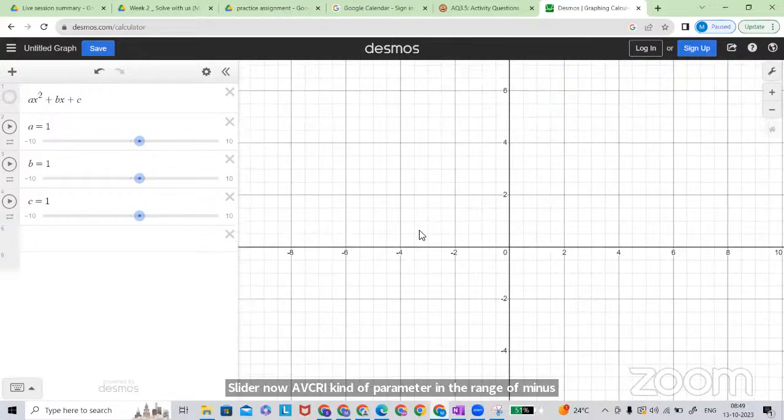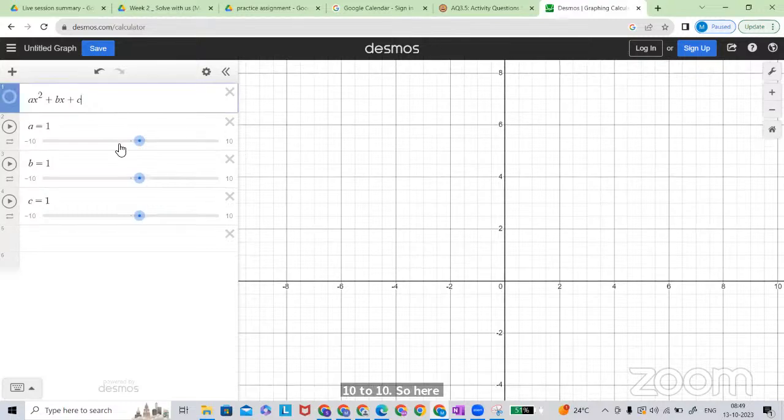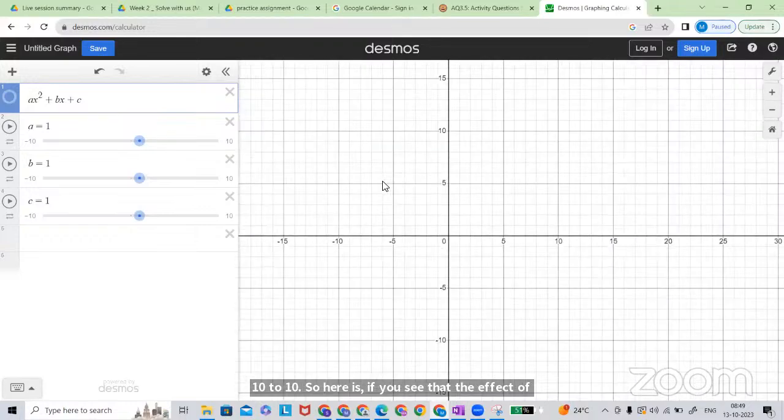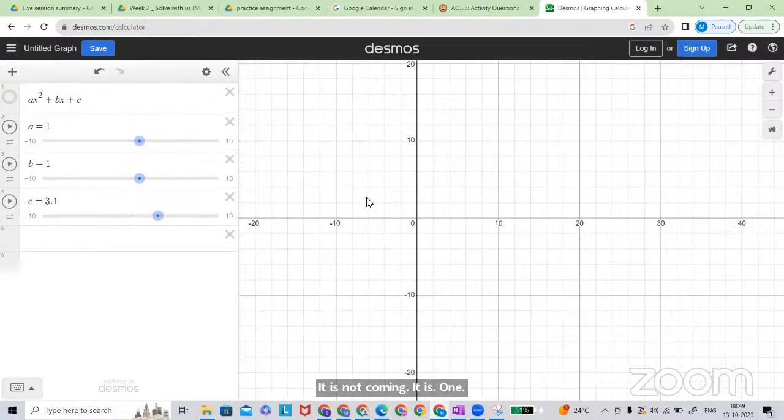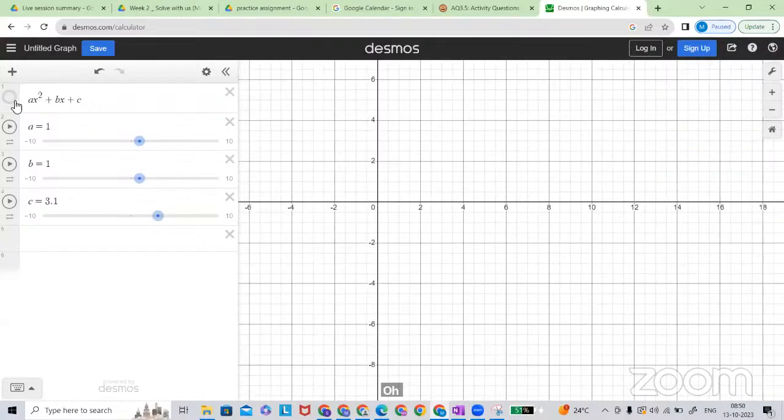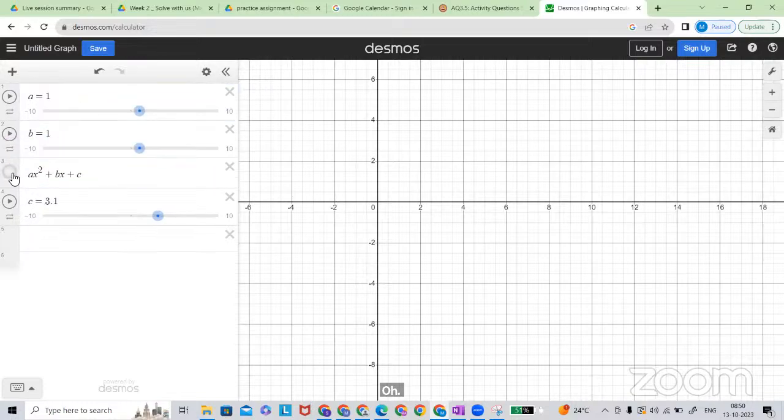So here, if you see the effect of... what is that? It is not coming. Something went wrong. For the C range, you have 3.1, I think.